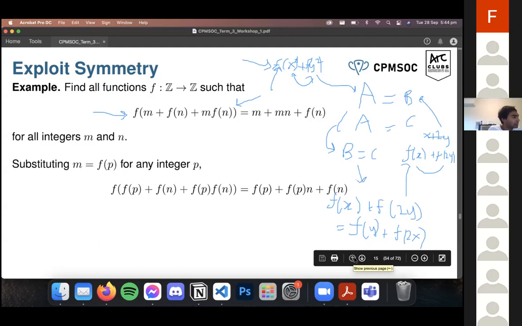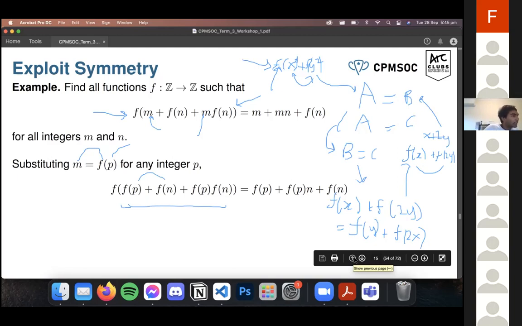And this is an interesting substitution. We are making m equal to f of some other integer p, for some integer p. And the reason why we're doing this is, see the m's here, if you change the m's with f of p, you now see this f of n plus f of p plus f of p f of n expression is now symmetric, because if you swap p and n, you still get the same thing.